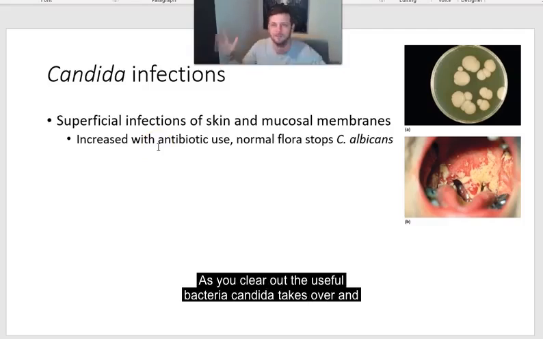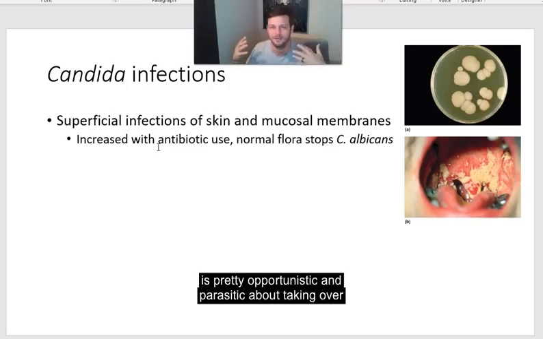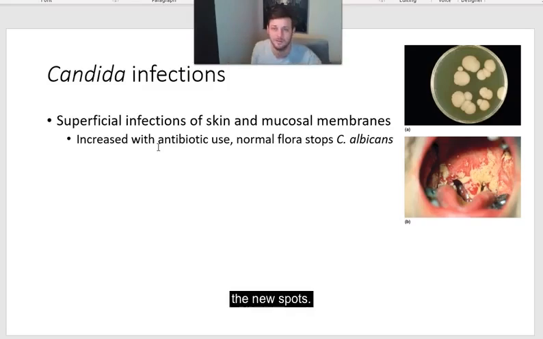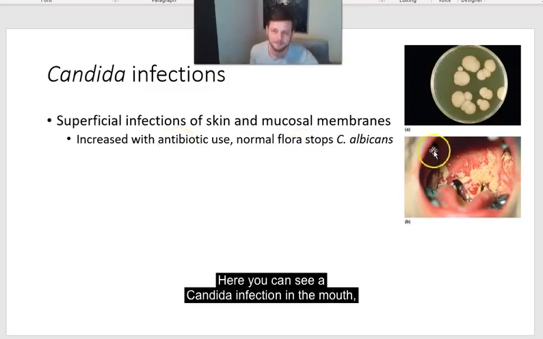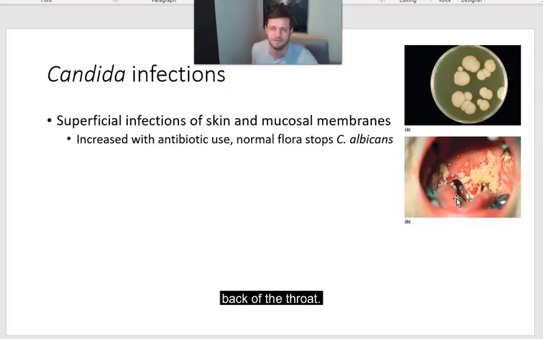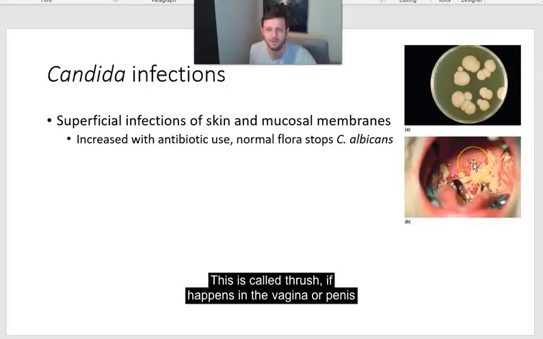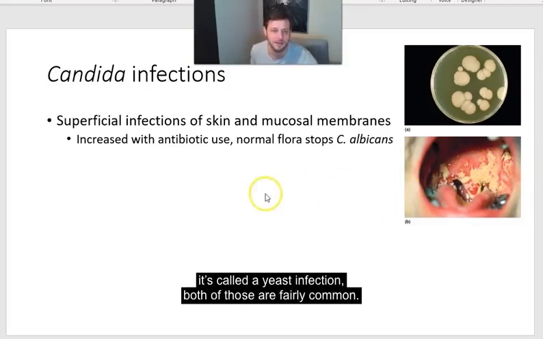As you clear out the useful bacteria, Candida is pretty opportunistic, taking over the new spots. Here you can see a Candida infection in the mouth, back of the throat. This is called thrush. If it happens in the vagina or the penis, it's called a yeast infection. Both of those are fairly common.